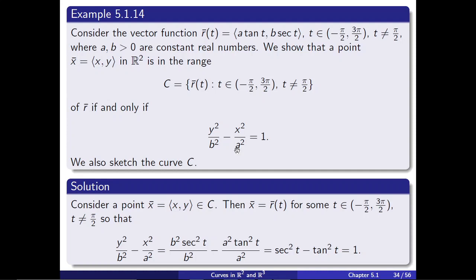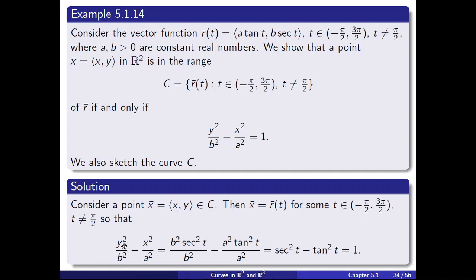Consider a point x that is in C. Then x is r of t for some t between minus pi over 2 and 3 pi over 2, where t is also not equal to pi over 2.